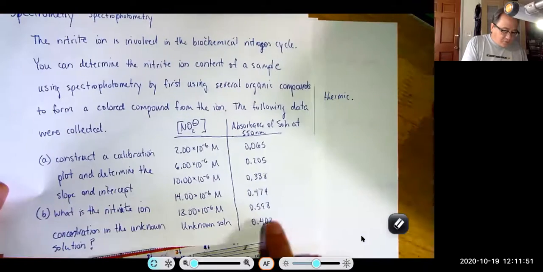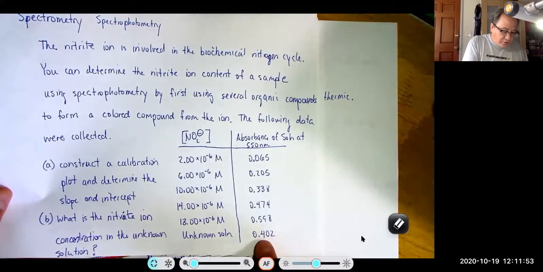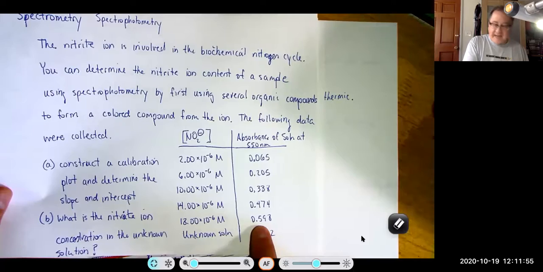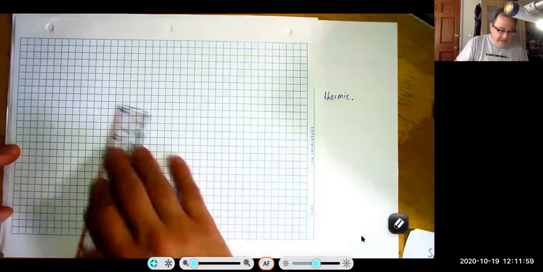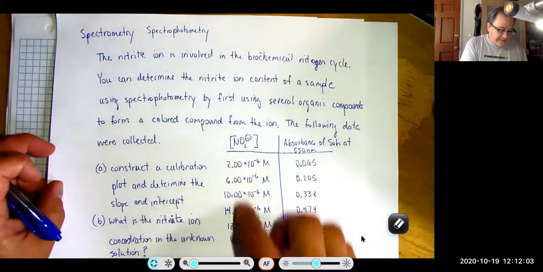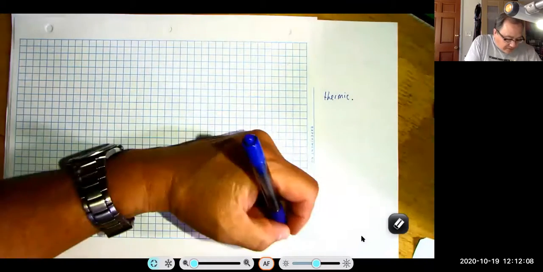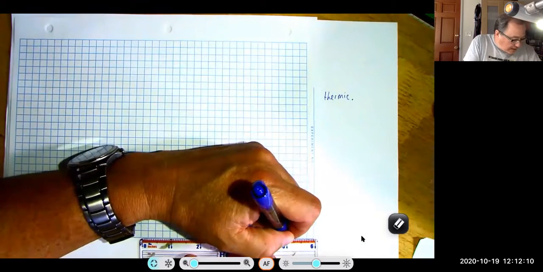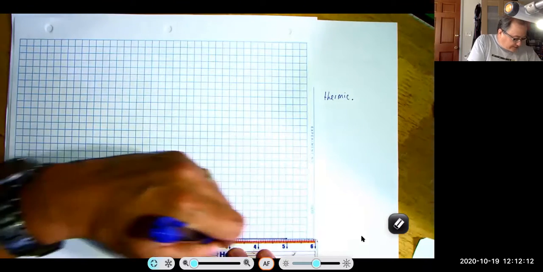And you can see my absorbance numbers go all the way up to 0.598, so about 0.6. And if you look at the concentrations, they go all the way to about 18. So what I'm going to do is arbitrarily put a line down here like this.